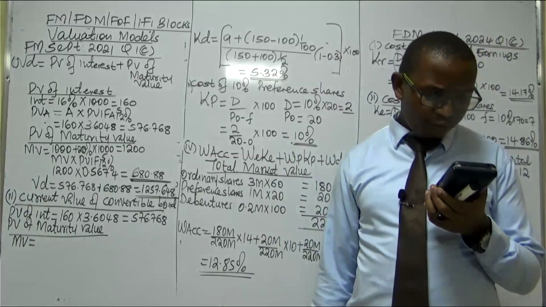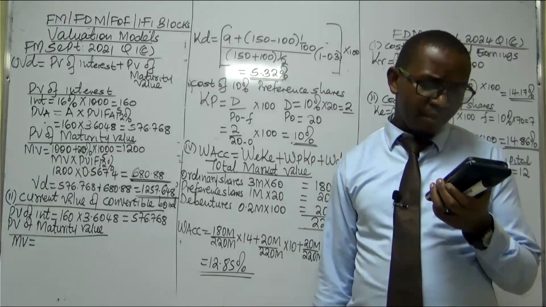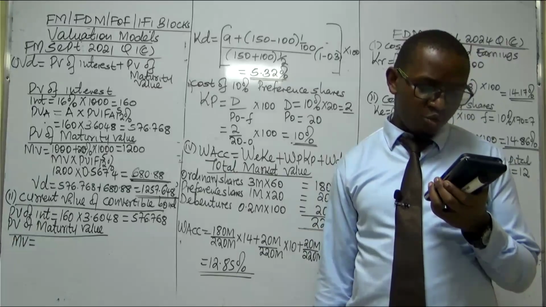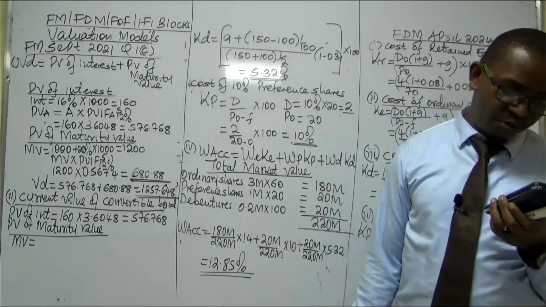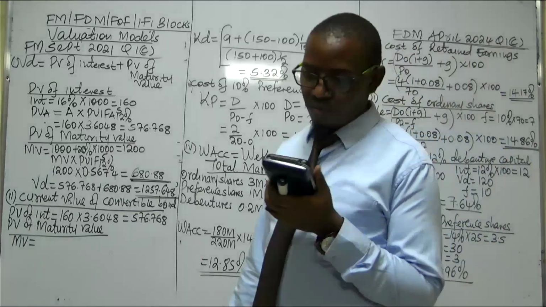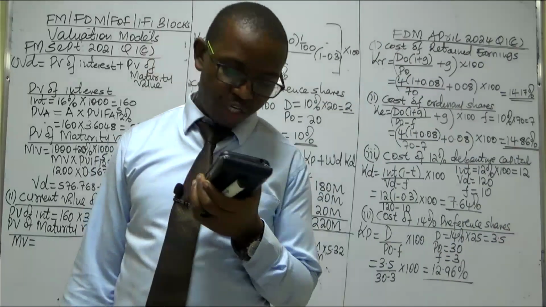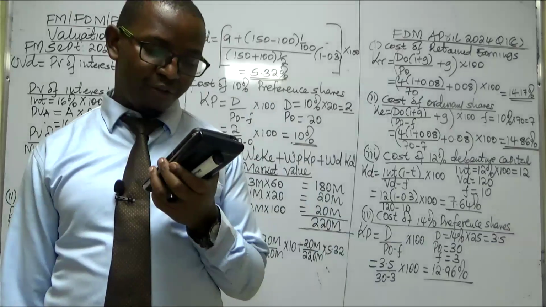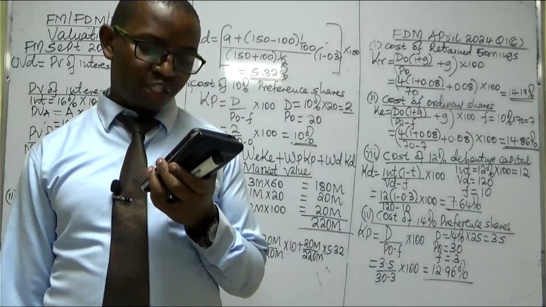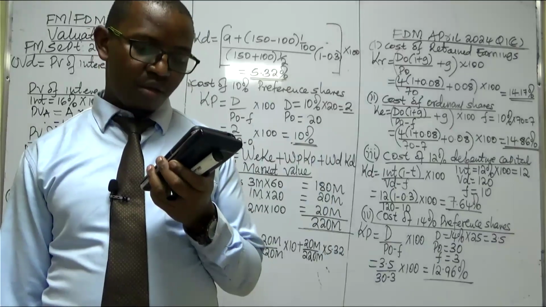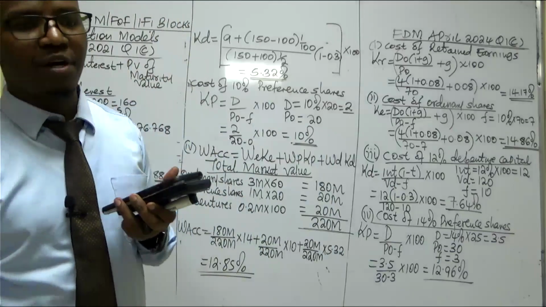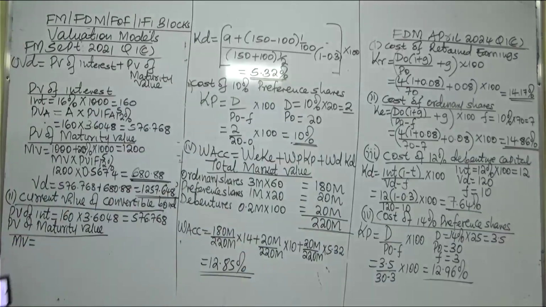We are told that for every shillings 100 can be converted to 2 ordinary shares at a price of how much? We've been given each ordinary share is currently trading at 50, and it is expected that the share price will increase at 5%.